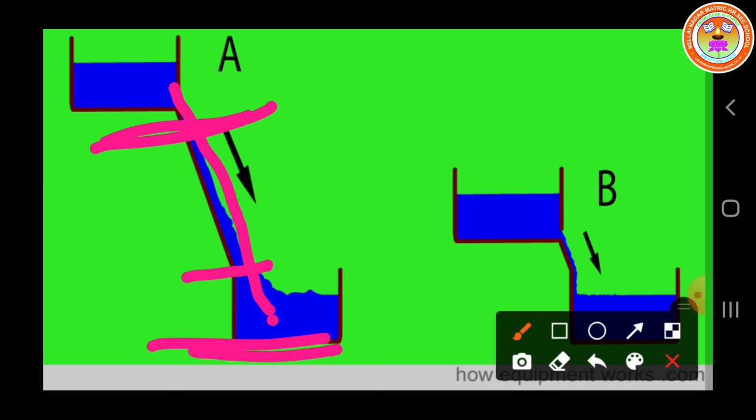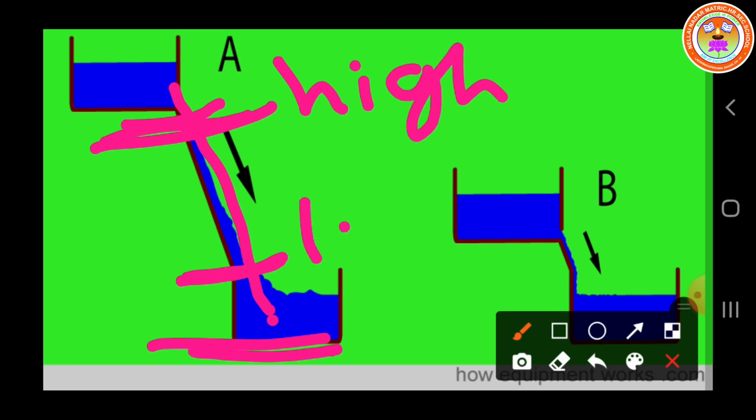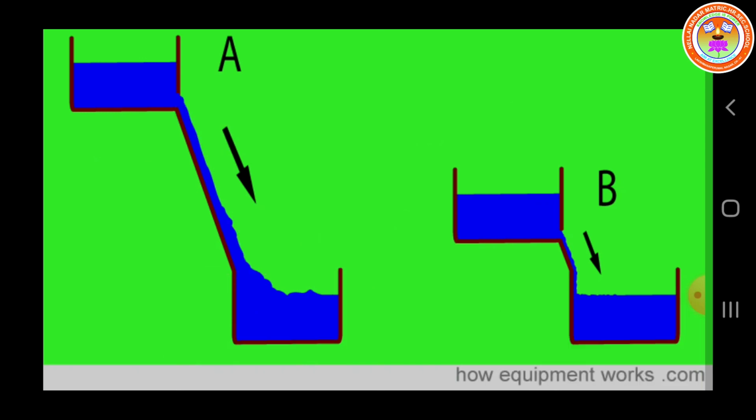So near this end we have less potential, and here we have high potential. We are creating a high to low potential difference, then only there will be water flow. Accordingly, for current flow also we have to create a high to low potential difference. The electric current flows from the higher potential level to the lower potential level, just like the water flow.